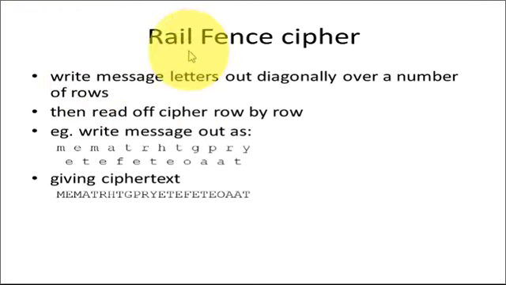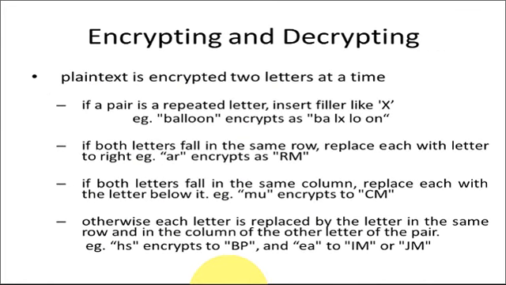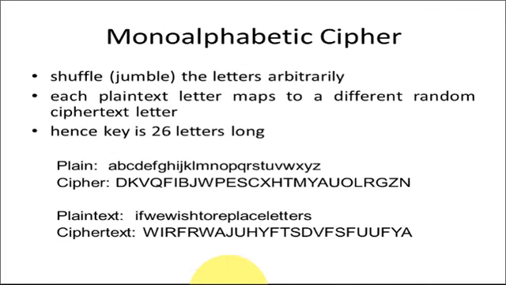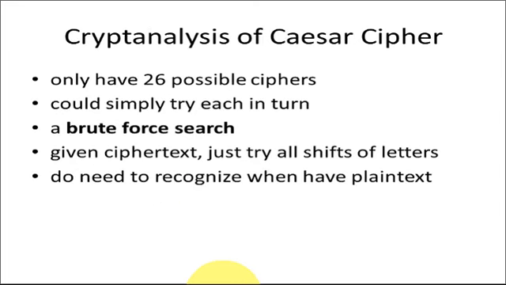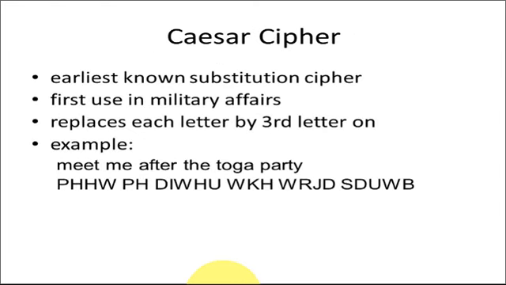In the rail fence cipher, for example, we write the message row by row. Suppose the message I want to send is "meet me after the toga party".